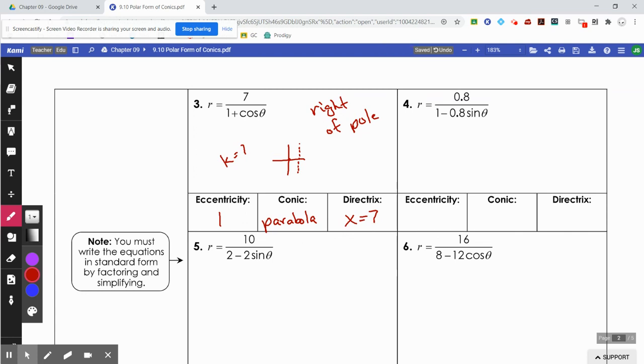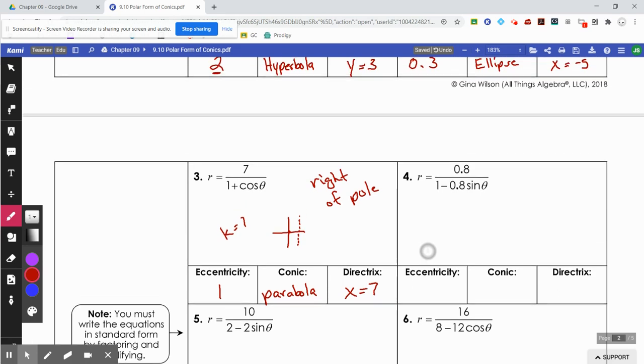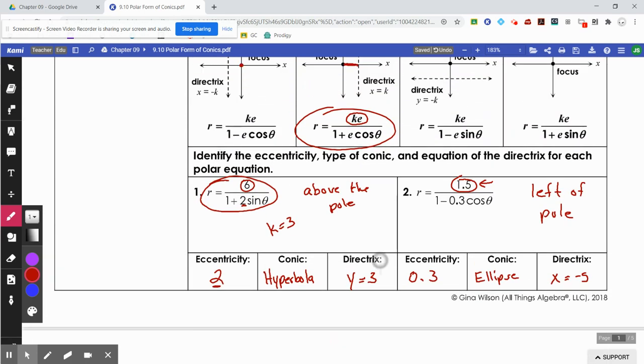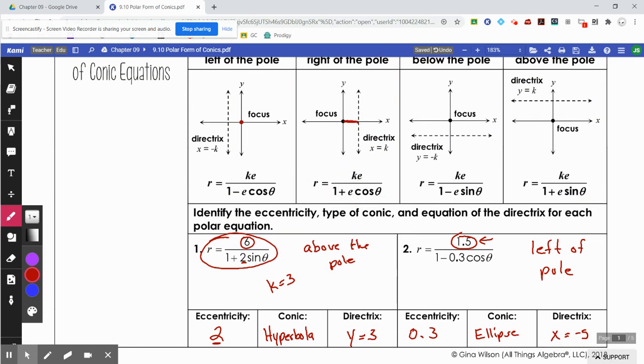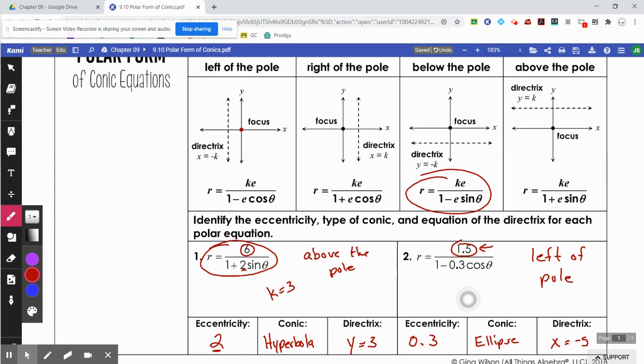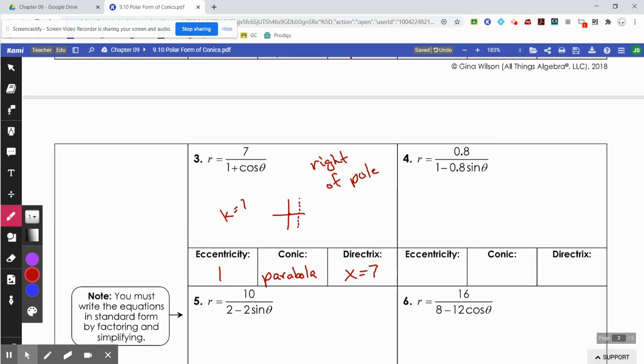Number 4. Let's first figure out which location we have. So we have 1 minus 0.8 sine theta on bottom. The only one that's 1 minus stuff times sine of theta is right here. That's going to be below the pole. Again, my eccentricity is going to be 0.8, which means I have an ellipse.